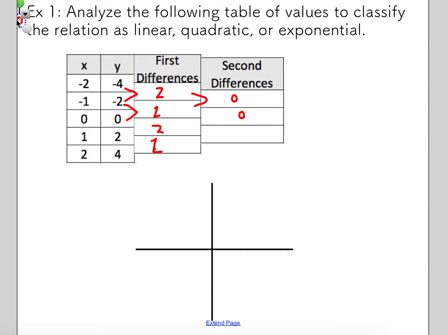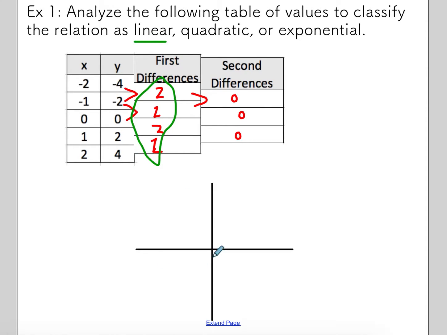If I just quickly fill in this chart, you can see here that I've got constant first differences, constant meaning they are all the same number, resulting in a linear function. So if you have constant first differences, we can classify this relation as linear.